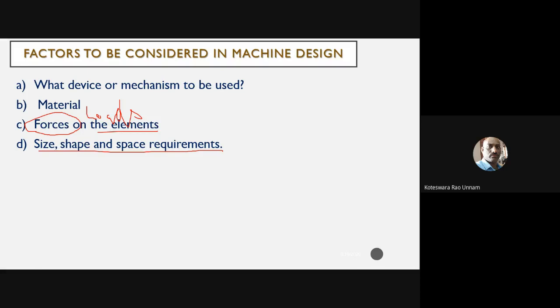So while designing, he has to make sure that whatever sizes he comes across, that size should be feasible. Feasible in the sense, you cannot simply say this much size and that much size, which is not suitable for the manufacturing conditions. You cannot say something like that.